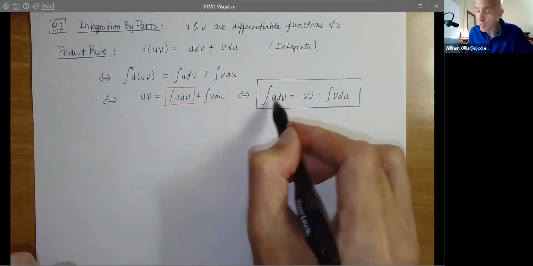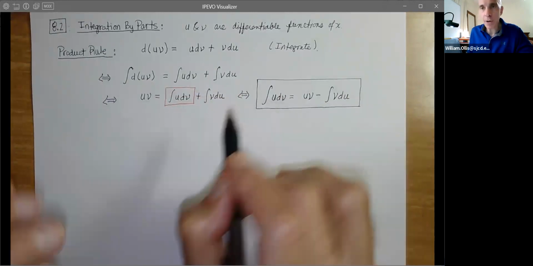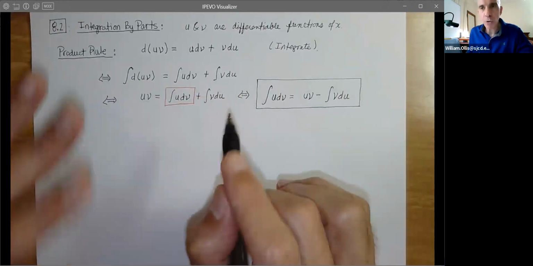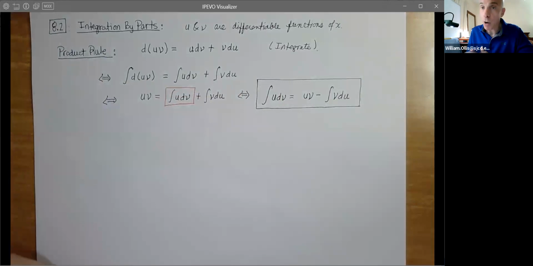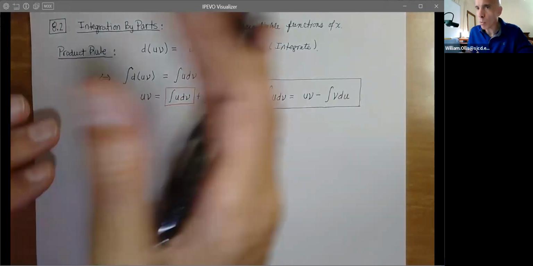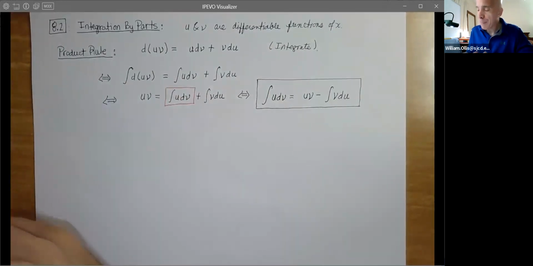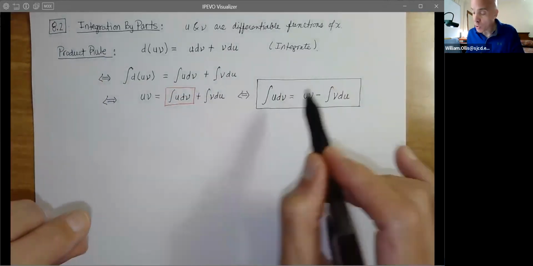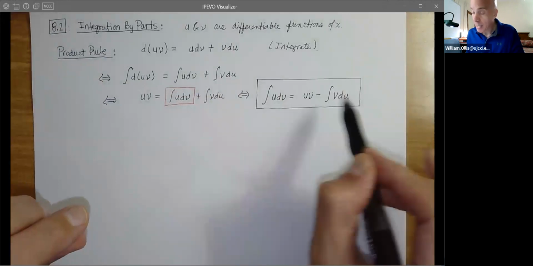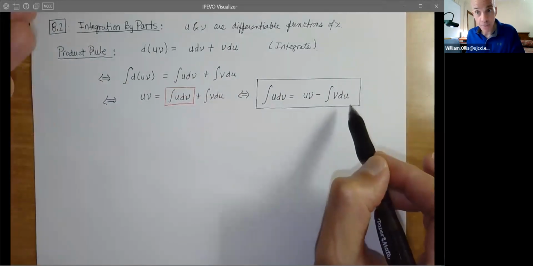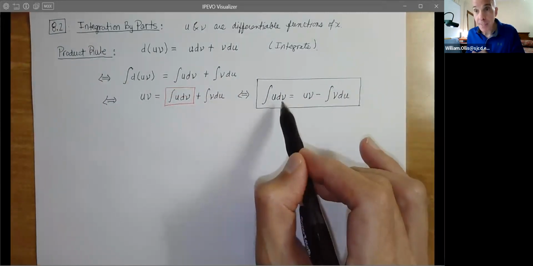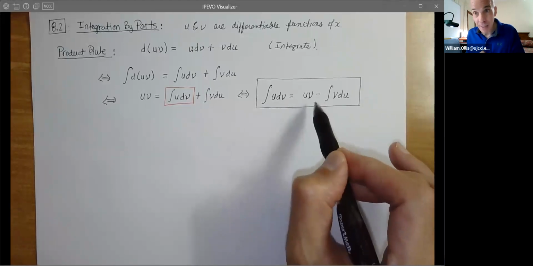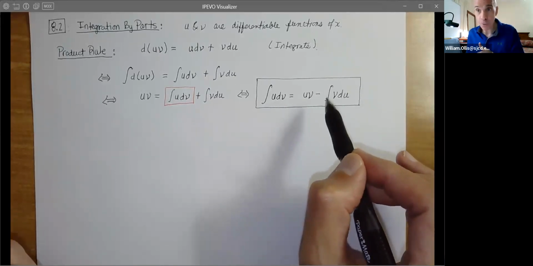So this integral here may look very difficult, and you'll get better and better at this. You'll look at an integrand and say, oh, I can use parts on that. Oh, that'll work with parts. And so the basic construct here is to be able to, from u, get the du. So that means you need to differentiate. And from the dv, get the v. And that means you need to anti-differentiate.